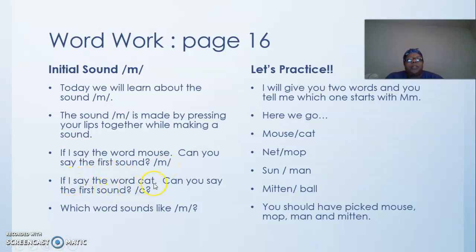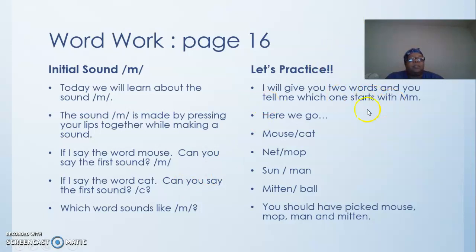If I say the word cat, can you say the first sound, k, k, in cat? Which word sounds like m? Is it mouse or cat? The answer is mouse.